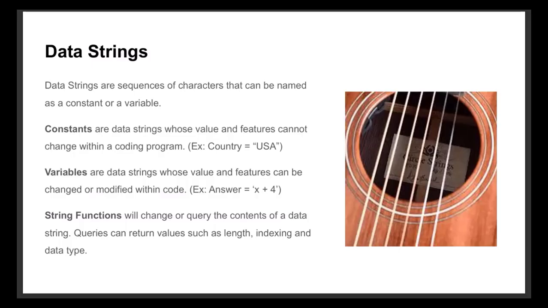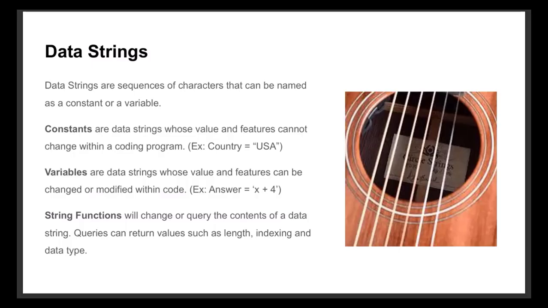A very common example of a variable data string are mathematical equations. So for example, if you have a mathematical equation of x plus 4 within your computer program, that is an example of a variable data string because the value will change depending on the value that we assign to the variable x.